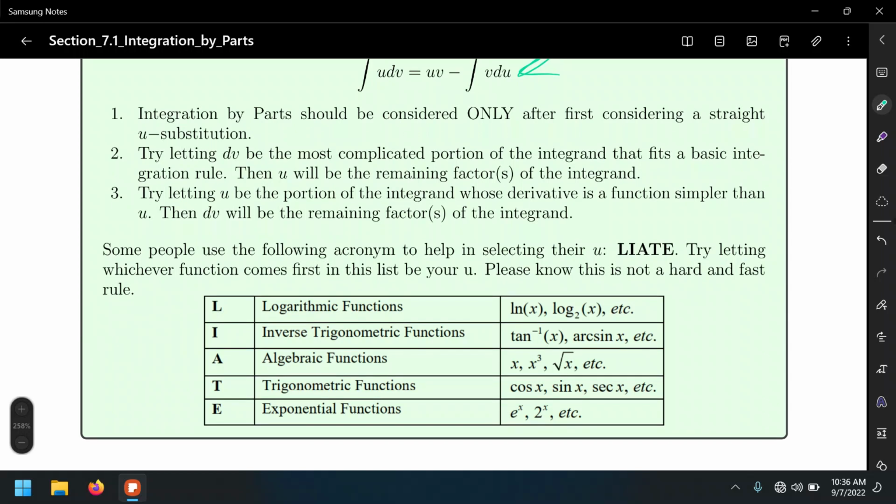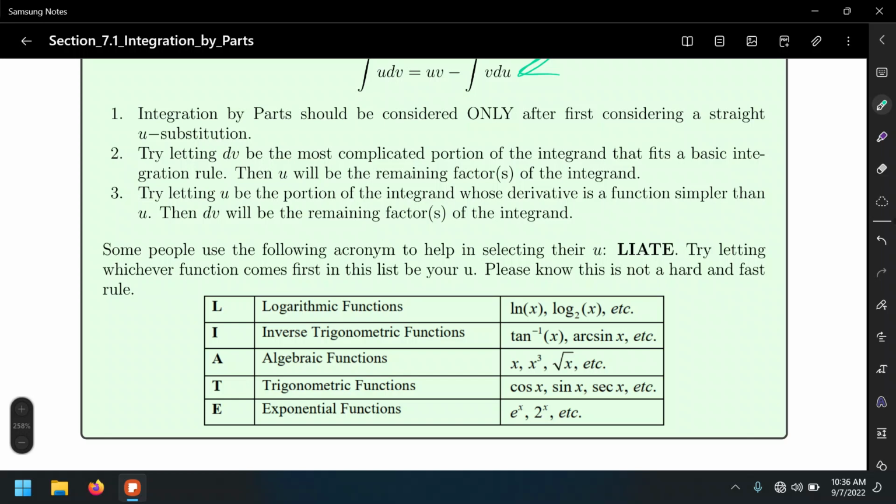We go through this method when straight U substitution doesn't work for the integrand that we have, all right? And usually we take the dv, the most complicated portion of the integrand, and U, the easiest one to differentiate. Well, I find that a little vague, because what do we mean by easy? What do we mean by hard?